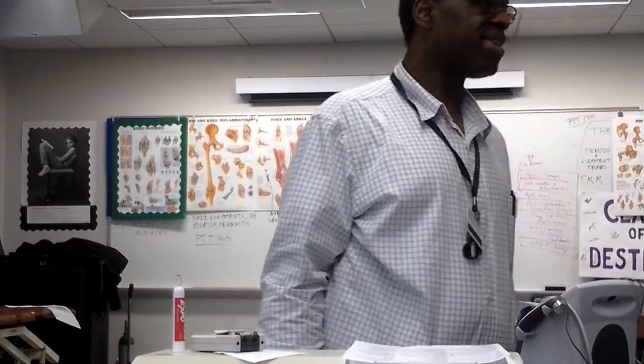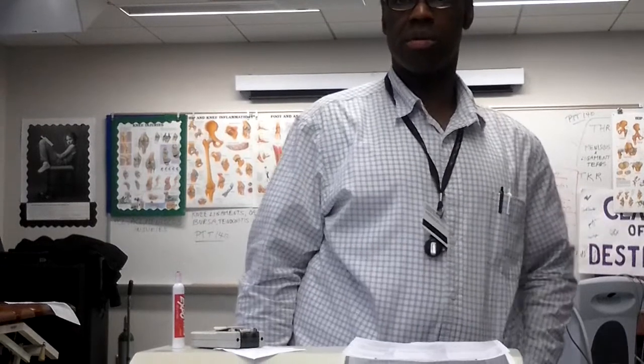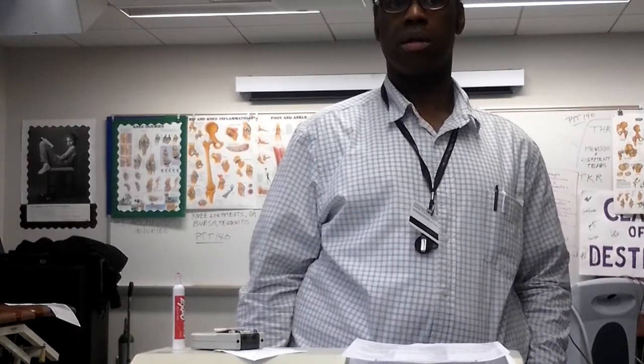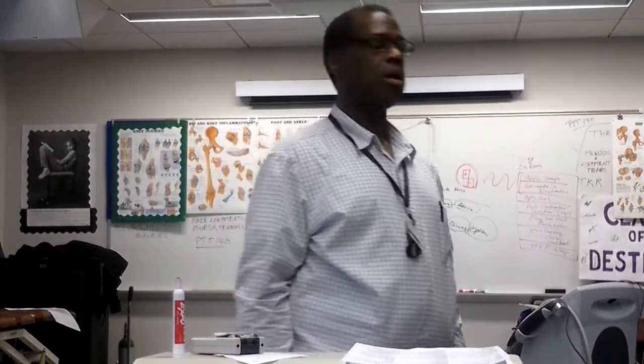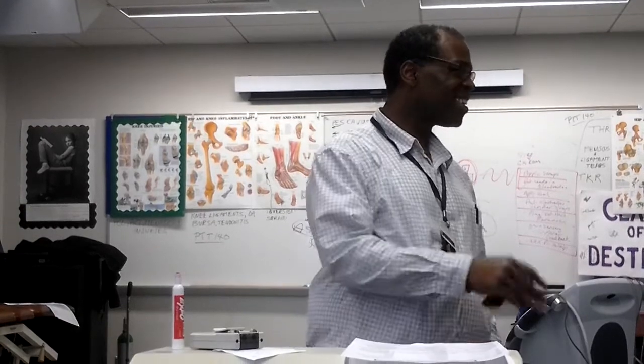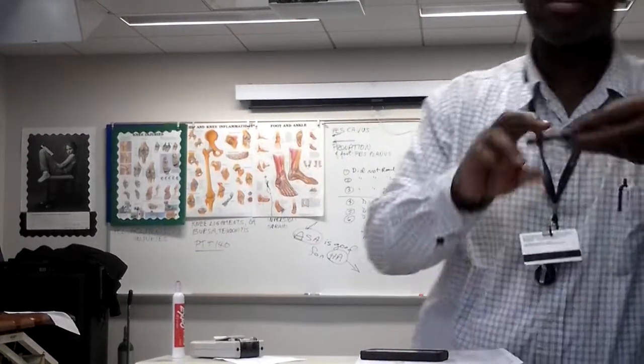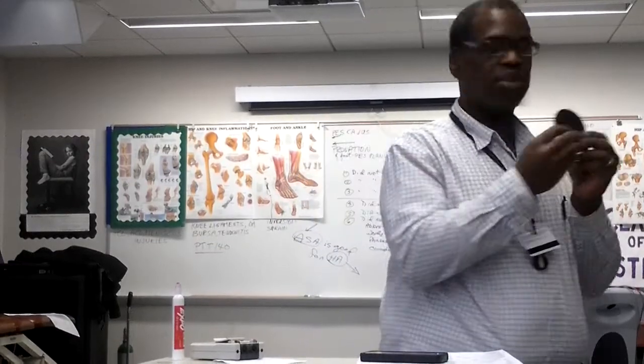All right, electrode types. What types of electrodes are out there? Stickies, rubber, non-sticky. If I have a pad that has grit or has a texture to it, what can I use to treat with this?